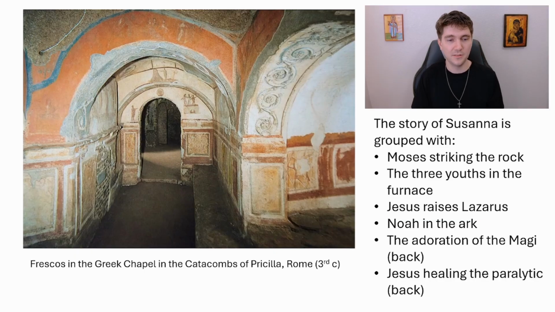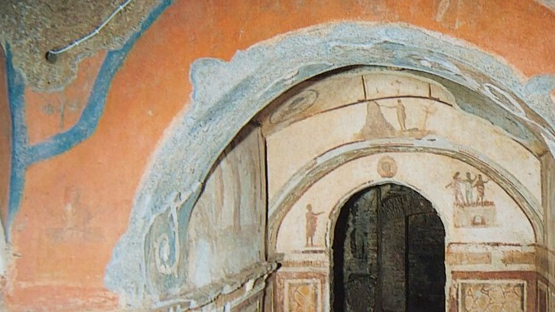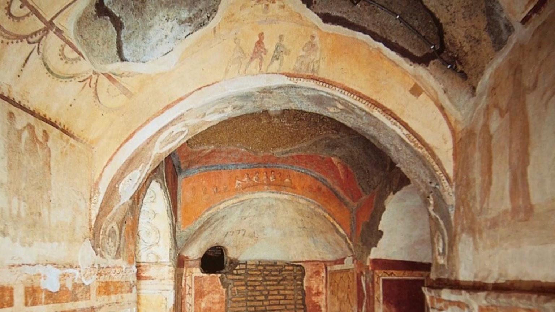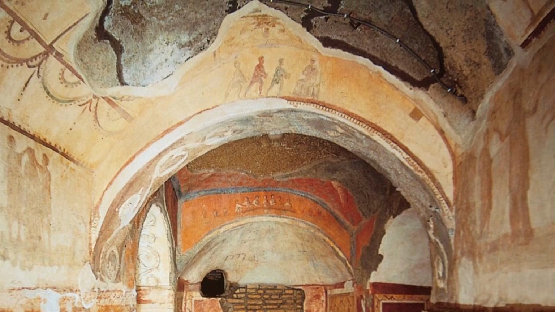And then we have the Greek chapel in the catacombs of Priscilla. This dates pretty early to the 3rd century. Again, this is contemporary with Origen of Alexandria, co-witnessing with him the widespread use of the Deuterocanon in early Christian churches. And in this room on the walls, there's Moses striking the rock, the 3 youths in the furnace, Jesus raising Lazarus, Noah in the ark, the adoration of the Magi, Jesus healing the paralytic.